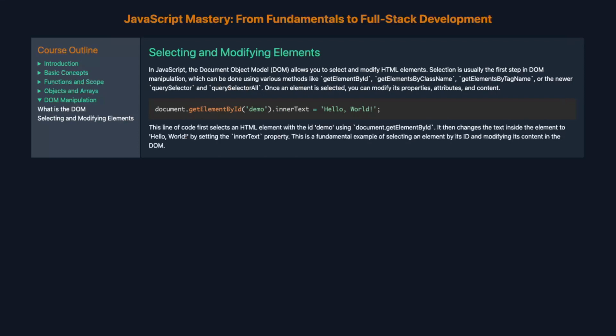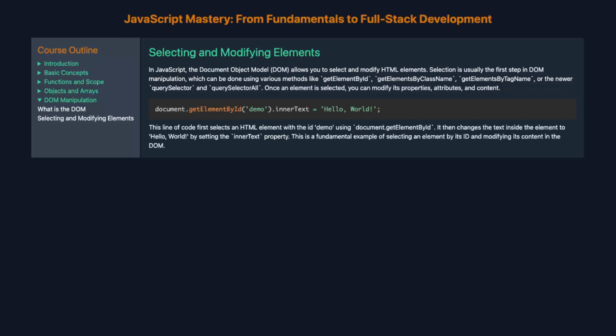Selecting and modifying elements. In JavaScript, the Document Object Model, DOM, allows you to select and modify HTML elements. Selection is usually the first step in DOM manipulation, which can be done using various methods like getElementById, getElementsByClassName, getElementsByTagName, or the newer querySelector and querySelectorAll.